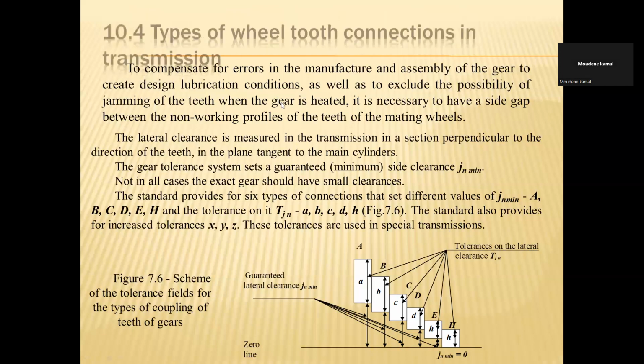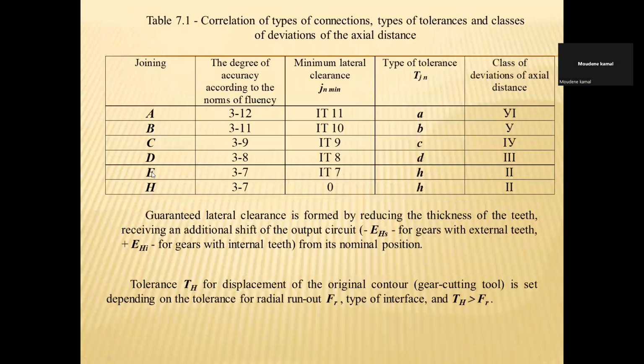So you can see these parameters in the first row: A, B, C, D, E, H, and the degree of accuracy according to the norms of smoothness. For A, it's from 3 to 12. For B, it's from 3 to 11. For C, it's from 3 to 9. For D, it's from 3 to 8.